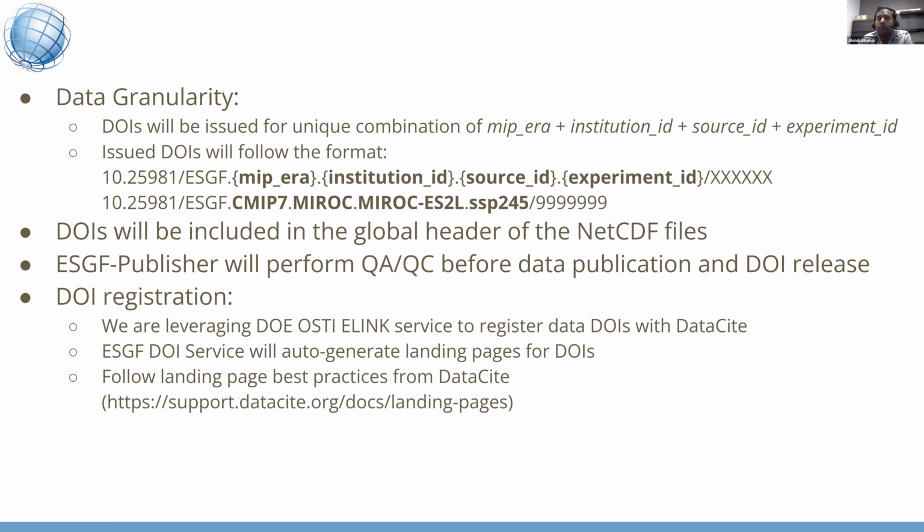Within ESGF, we have millions of files, and we expect that each one of them will have a DOI. Yes. So you're preparing them to be used in a product somewhere. That endpoint is not determined yet.